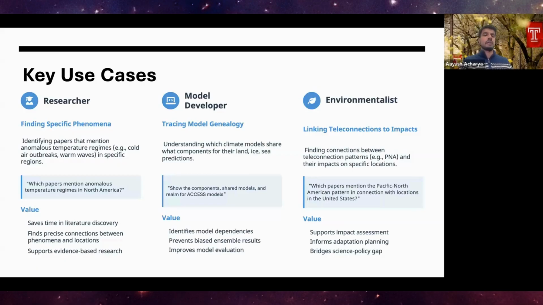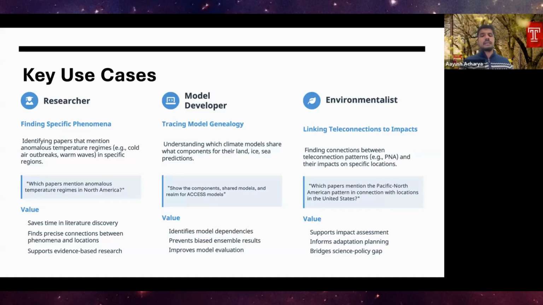Through this, we can direct them to particular papers which mention some of the topics that are present in our ontology. So, for example, which papers mention anomalous temperature regimes in North America? We parse the entities, look at our knowledge graph, and then find which entities they are present on.